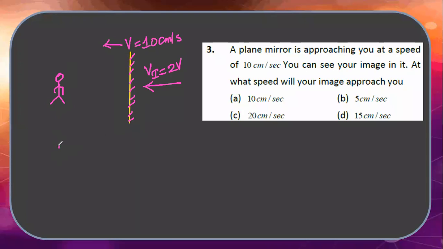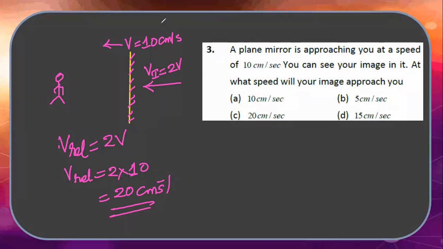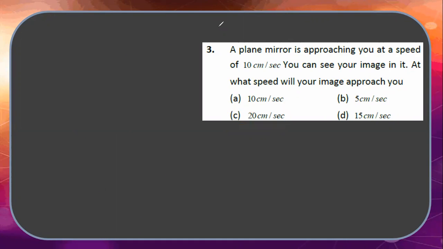So the relative velocity is 2v, and with v taken as 10, that is equal to 20 centimeters per second. We feel the mirror is approaching at 10 centimeters per second, and the image is approaching at a speed of 20 centimeters per second.